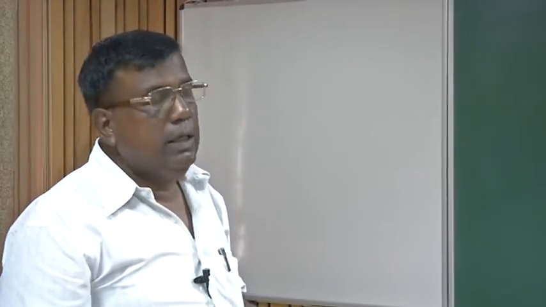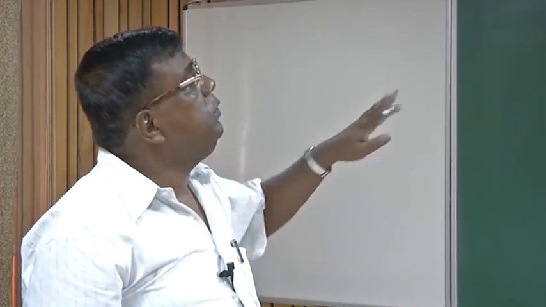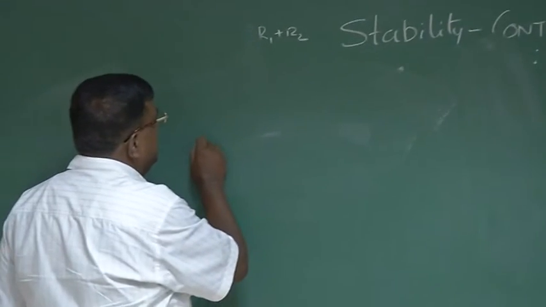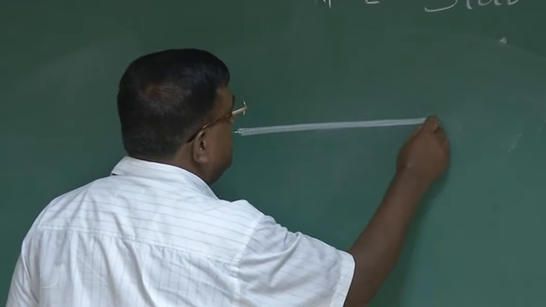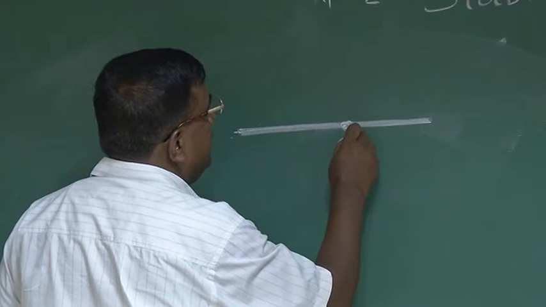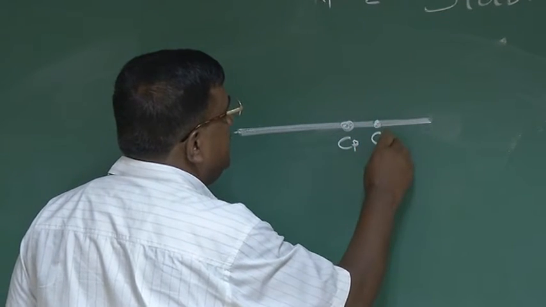If I have understood this, let us try to use it and try to see stability and control aspects of an airplane through this basic understanding. Okay? Again we go back to George Cayley. So this is that magic plate, and let's say center of pressure is here and CG is here.